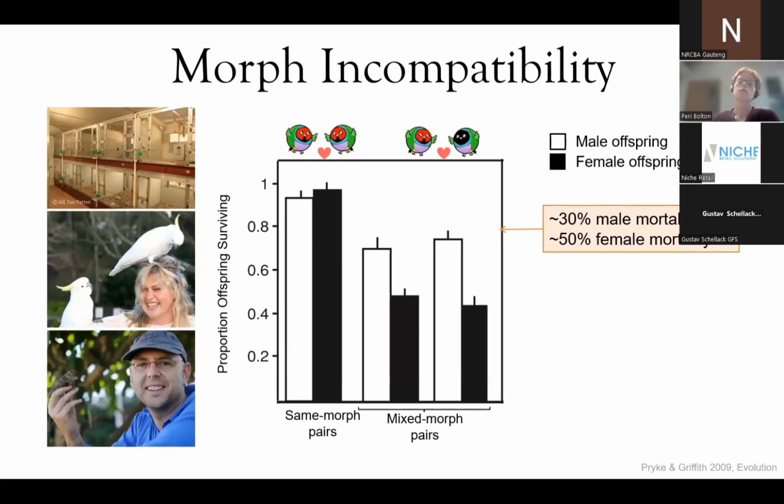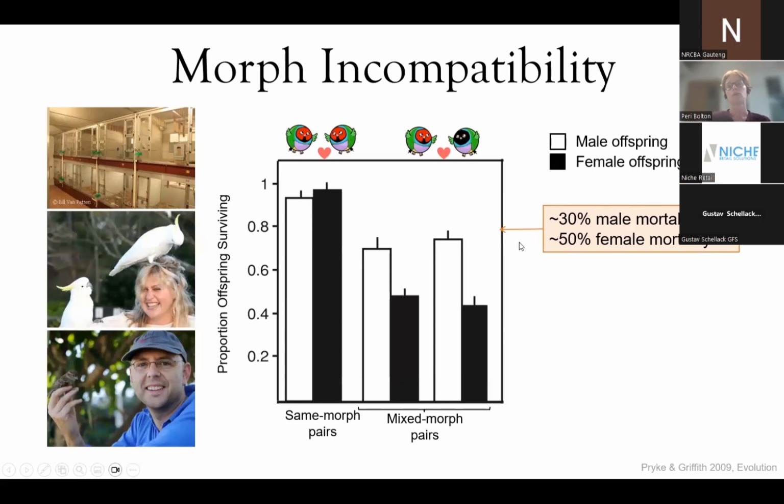So in the process of these experiments, they were doing a bunch of interbreeding between the morphs, and they found that when you breed the different head colors together, there was a reduction in offspring survival.